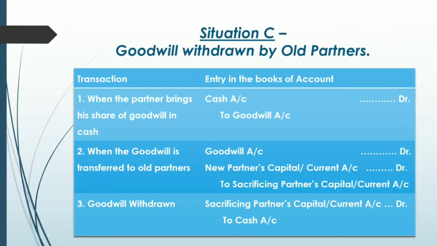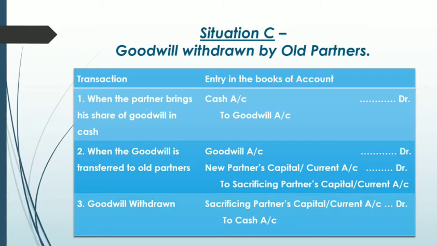The third situation is goodwill withdrawn by old partners. That is when the new partner is bringing his share of goodwill and it is withdrawn by old partners. The first entry will remain the same, that is cash account debit to goodwill account.